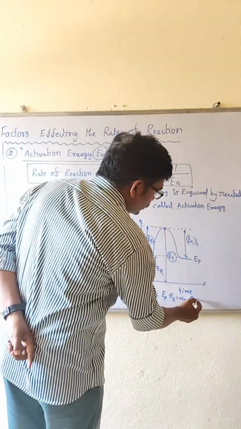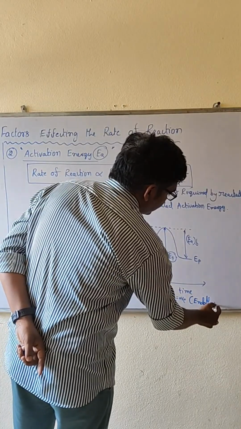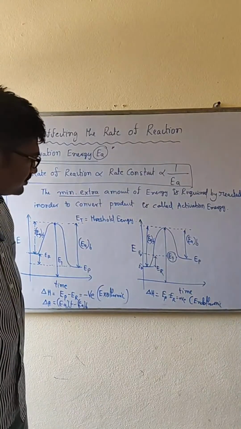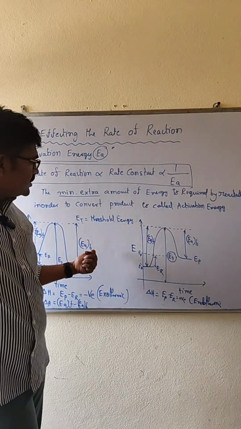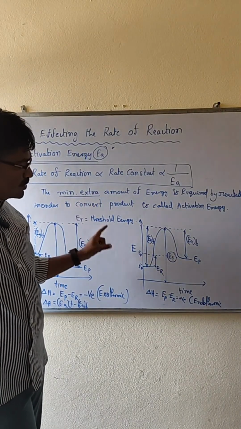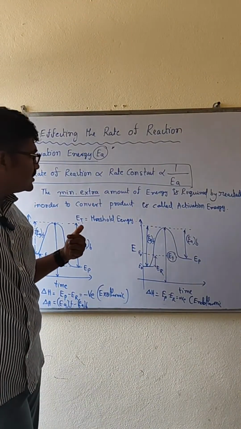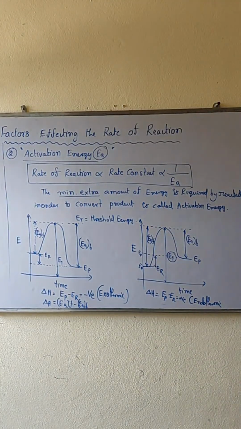So this is an endothermic reaction. My dear students, if activation energy is greater, then rate of reaction is less. Based on that, we can say where rate of reaction is greater and where it is less. So note down both the endothermic and exothermic reaction graphs, which are very important.